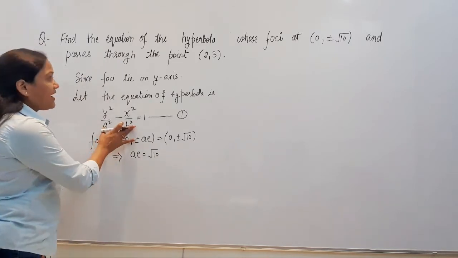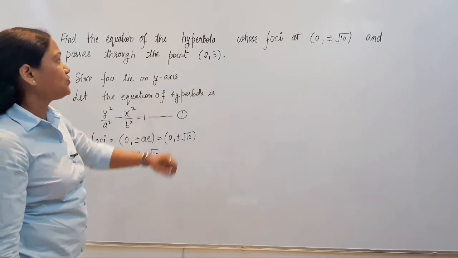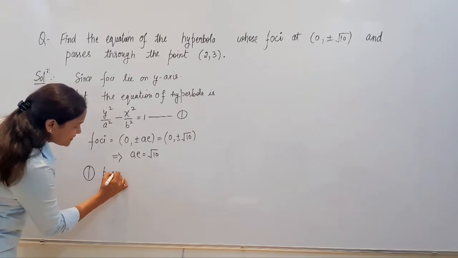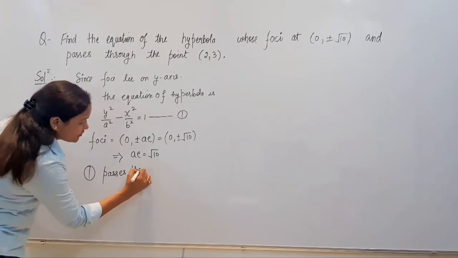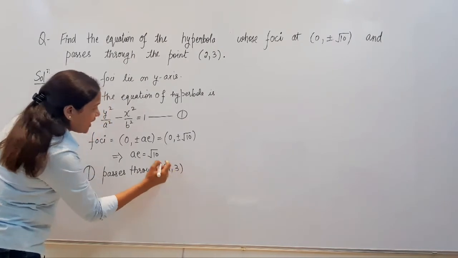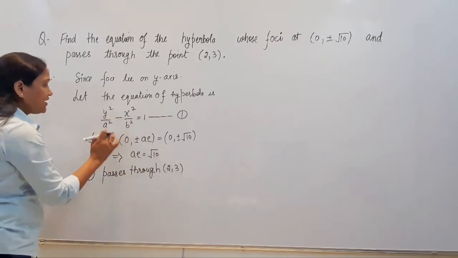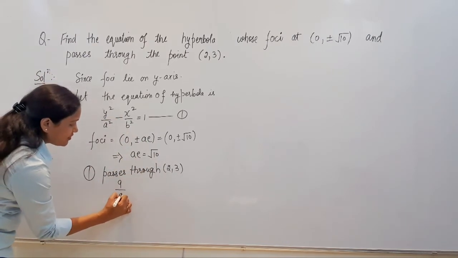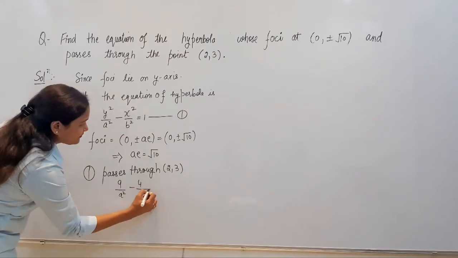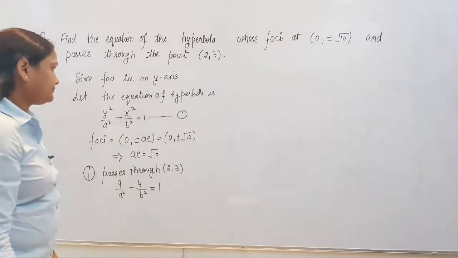Now this hyperbola is passing through the point 2, 3. तो 2, 3 point will satisfy this equation. y की जगह आप 3 put कर दो और x की जगह you are going to put 2. Then this will be equal to 1.